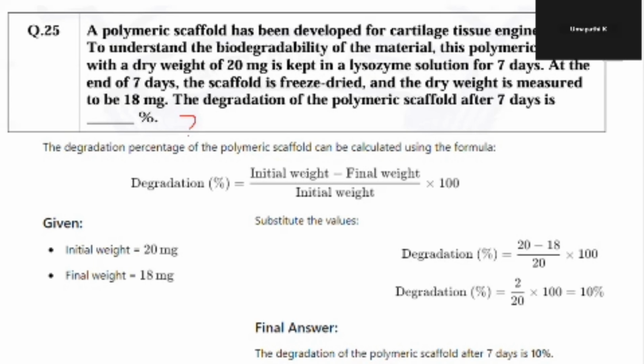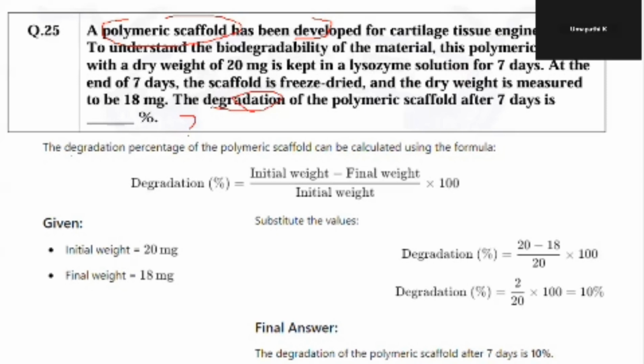So that's the question. We have to find the percentage of degradation of the polymeric scaffold. They are developing one polymeric scaffold, and after this process it has some degradation. So we have to find how much percentage it has degraded. For this type of question, first find the degradation by using this formula.